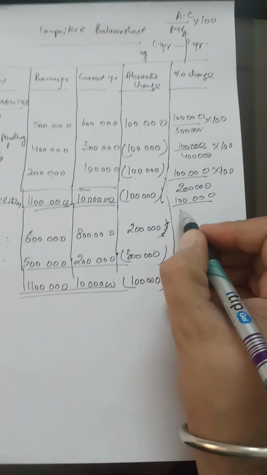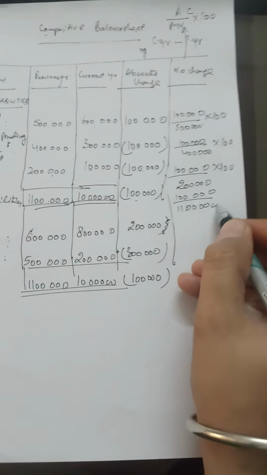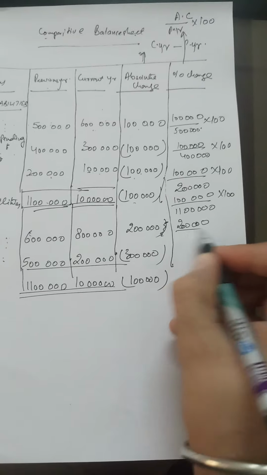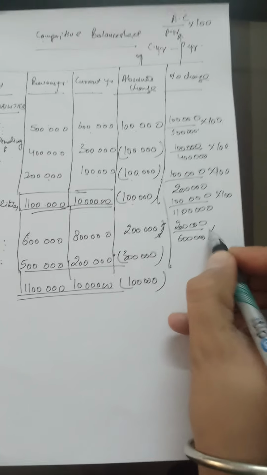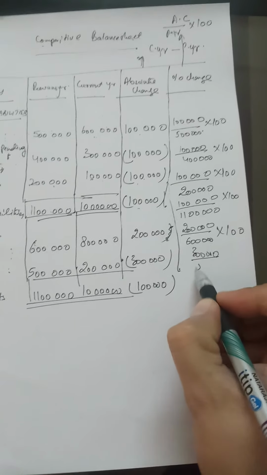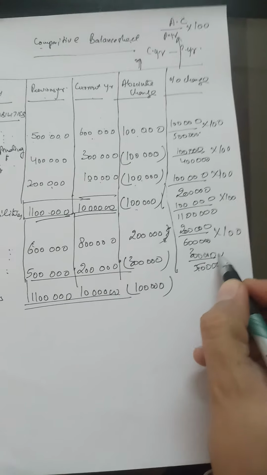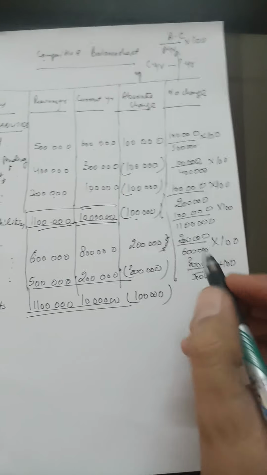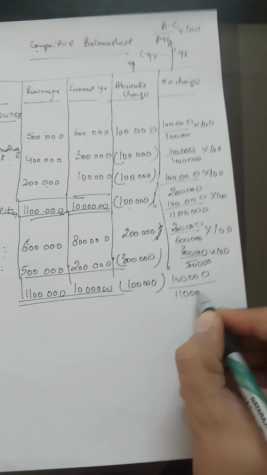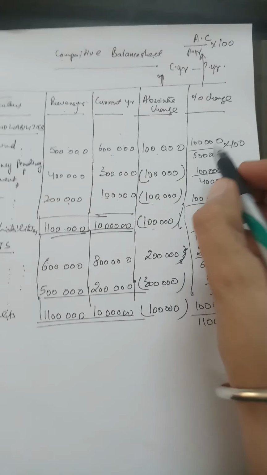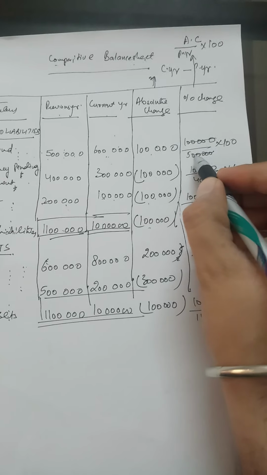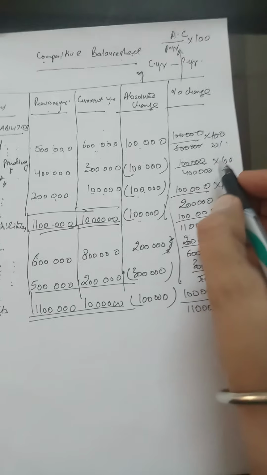You have to find percentage of total also. 11 lakh into 100. 2 lakh upon 6 lakh into 100. 3 lakh upon 5 lakh into 100. Now 1 lakh upon 11 lakh into 100. Now we will calculate this. 20%.